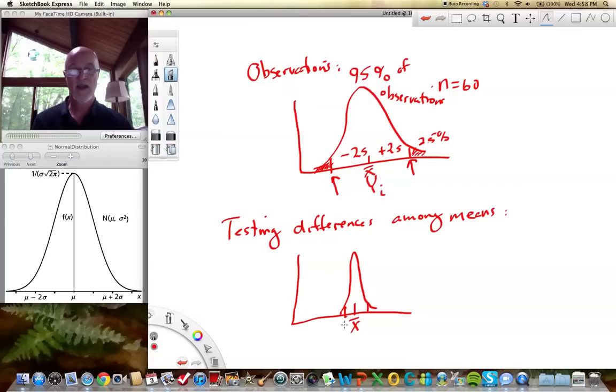So 95% of our estimates of the mean, when drawn from a parametric sample with mean mu and a standard deviation of sigma, and our sample size n, 95% of the time the mean will be plus or minus 2 standard errors.